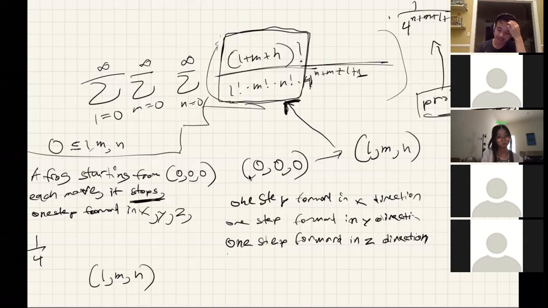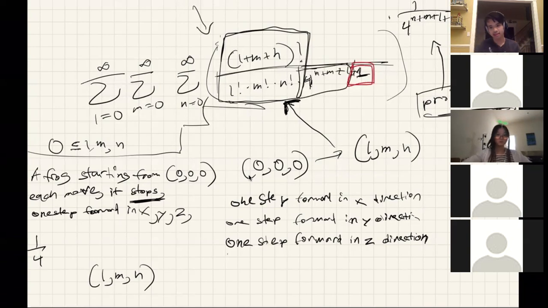So the probability that it gets to point LMN and then stops there is going to be exactly the value of the term that we've had here, right? We basically have the number of ways to get there over the number of total possibilities, and then there's a 1/4 probability that it's just going to stop there.